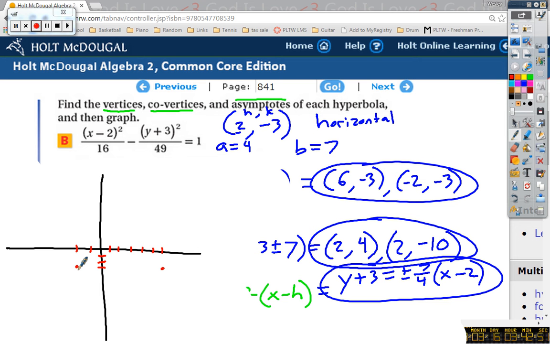Whereas my co-vertices are at x values of 2, and then a y value of 1, 2, 3, 4, here. And then a y value of negative 10, so it's negative 3, 4, 5, 6, 7, 8, 9, 10. Okay? And I can use this to form my imaginary box.